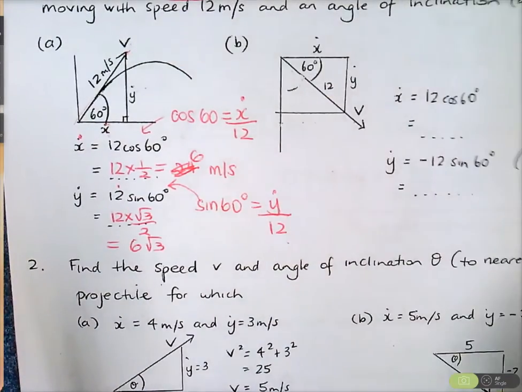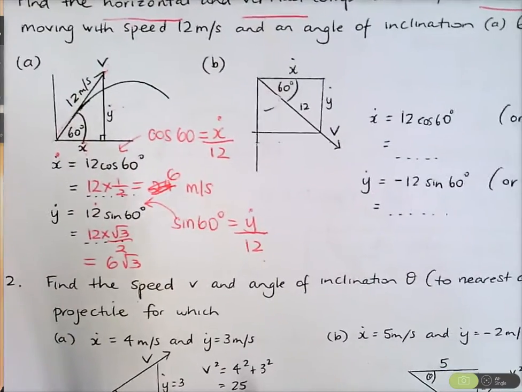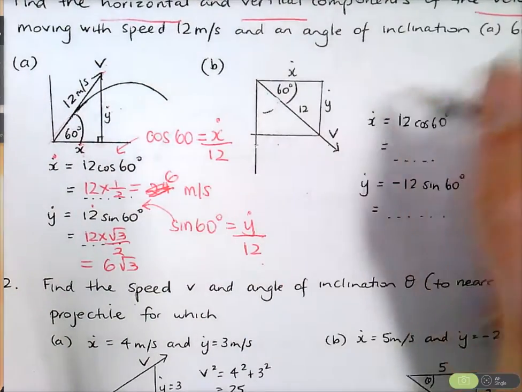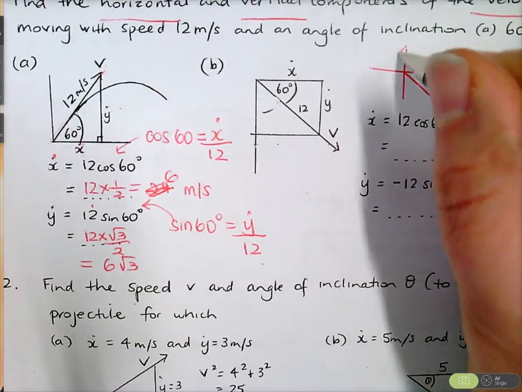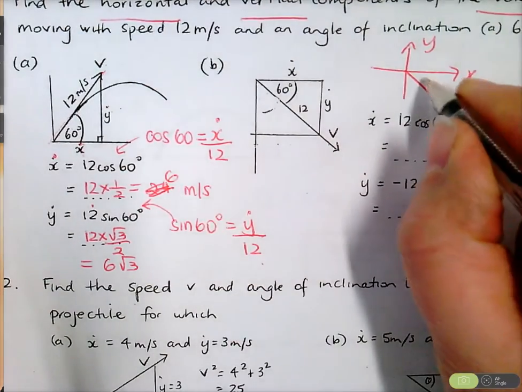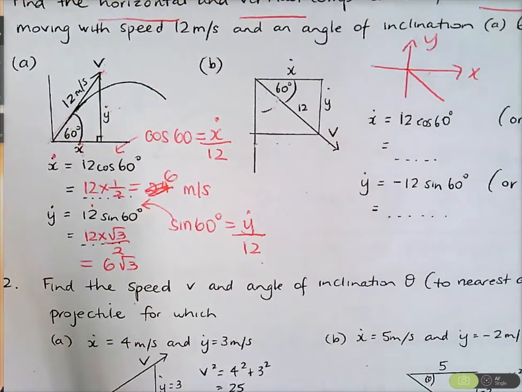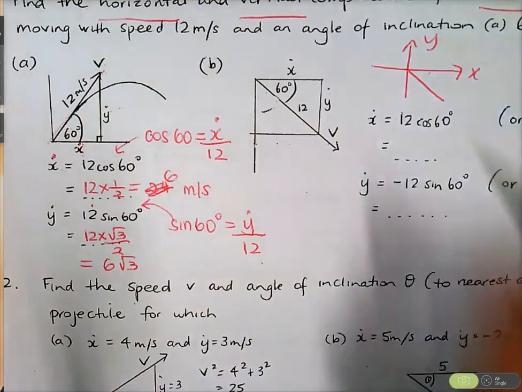Now, it says if the angle of inclination is, with the next one, negative 60. You know negative 60 is down here. If that's the x-axis, if that's the y-axis, negative 60 is travelling in the negative direction, which is clockwise.